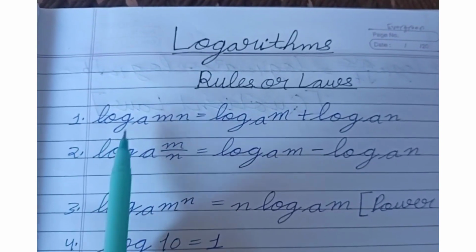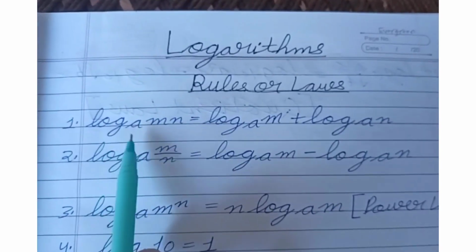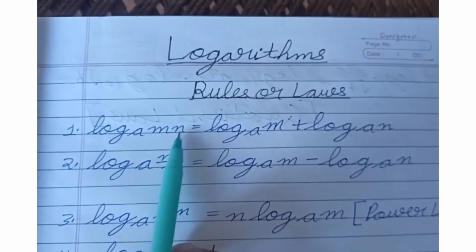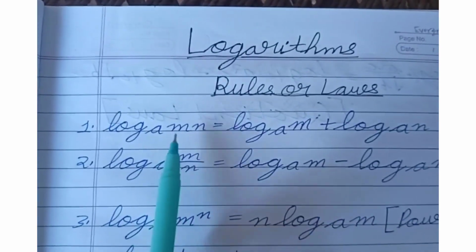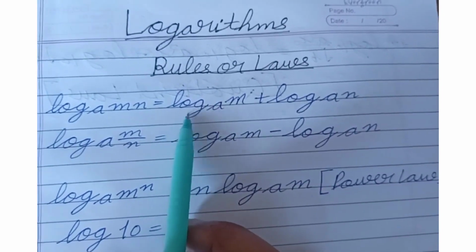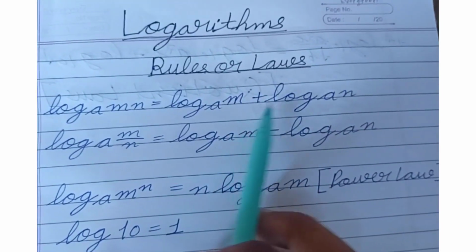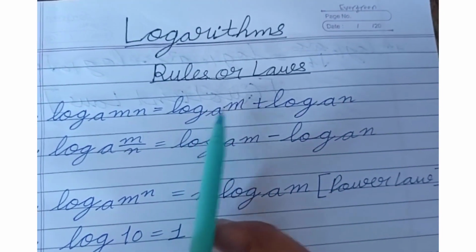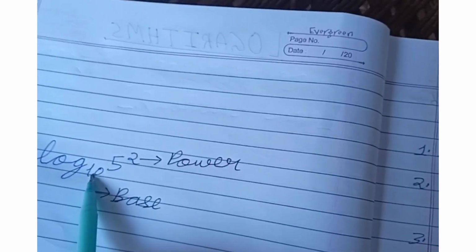The first rule or law is log a of m multiplied by n. If this is given, we add them to solve the question: log a m plus log a n. Here a is the base, like we saw, tan is the base.